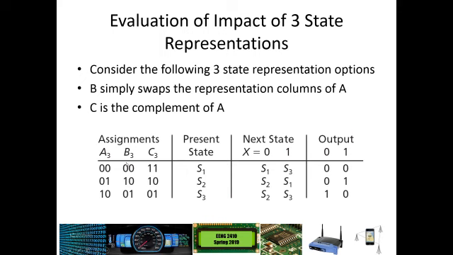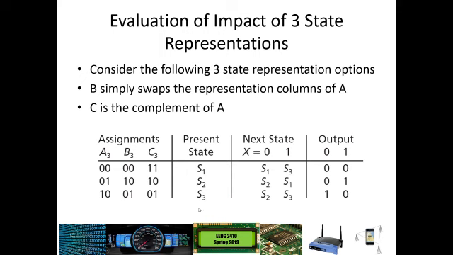This is where we simply see A and B are swapped relative to what we had in representation A. And then over here in C, what we're going to do is have the complement of A in there. And so this will be, instead of 0 0, we'll have 1 1. Instead of 0 1, we'll have 1 0. And instead of 1 0, we'll have 0 1.